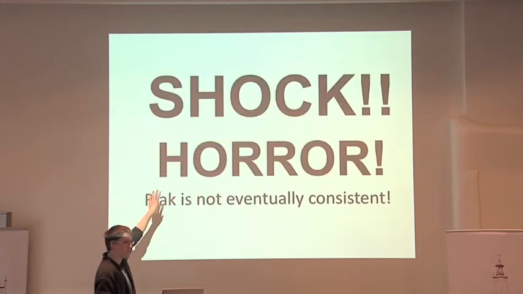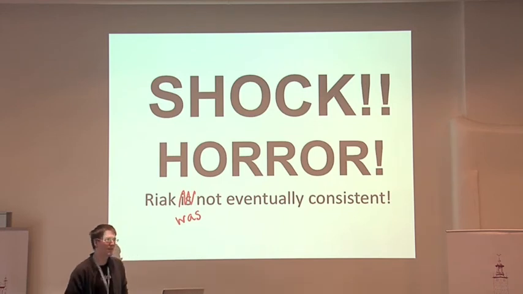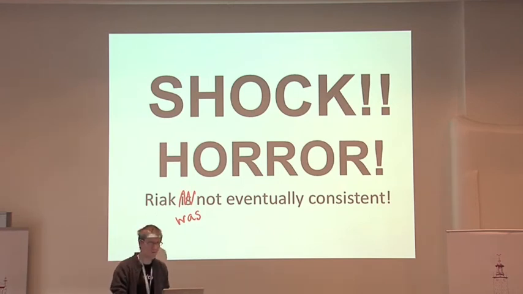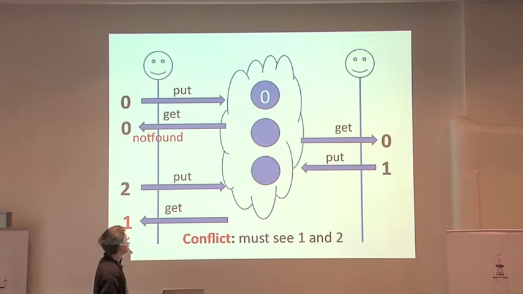So now, there's an actual bug in Riak. So Riak isn't eventually consistent. Well, it wasn't eventually consistent. It is now, because once we found this, of course, the Basho guys quickly fixed the problem.